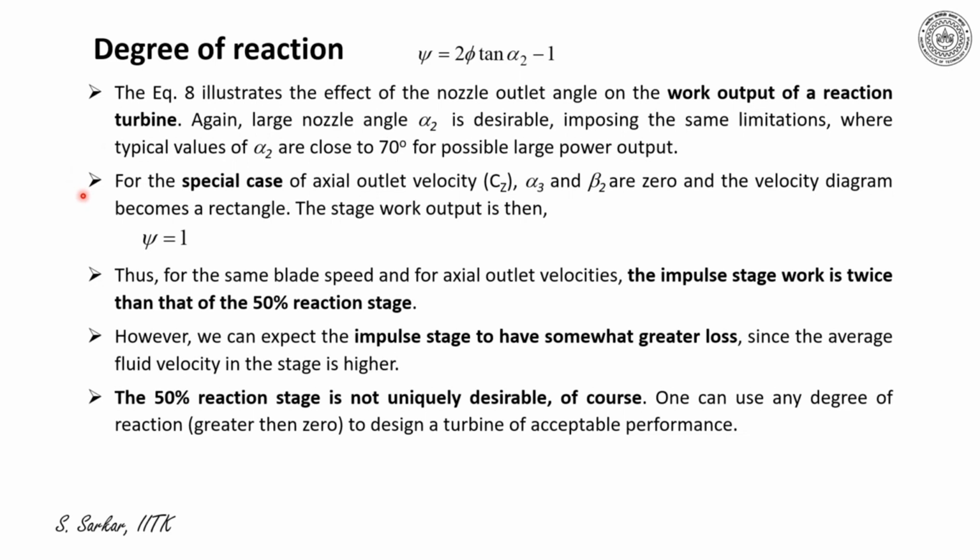Furthermore, for a special case of axial outlet velocity Cz, when alpha 3 and beta 2 are 0 and the velocity triangle becomes a rectangle, then the stage work output is given by Xi equal to 1.